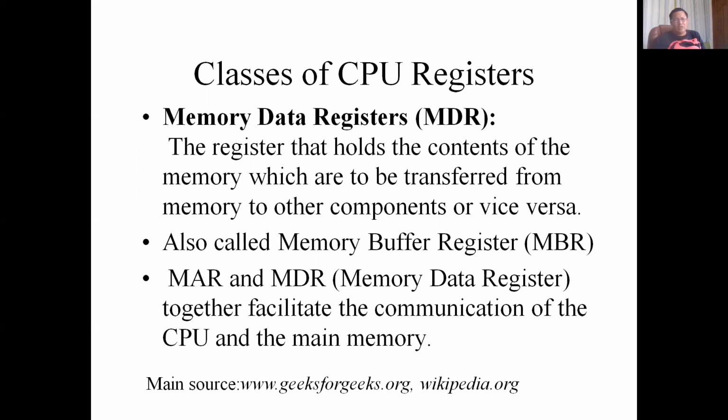We can only access the memory using the memory address register and the data register. Okay. So this stores the data that is going to be stored or transferred to or from random access memory. It's also called the memory buffer register. So when you say MDR or MBR, they mean the same.